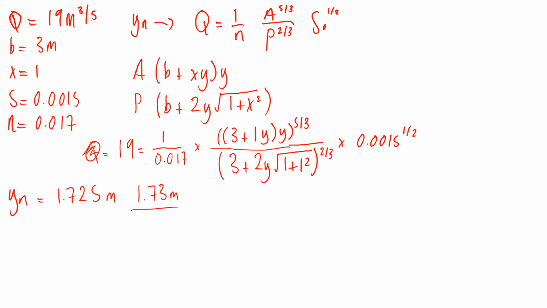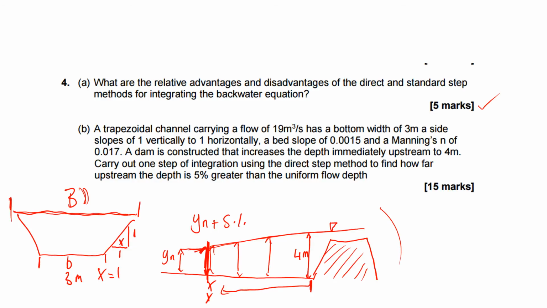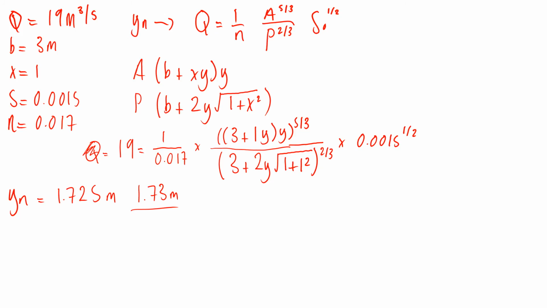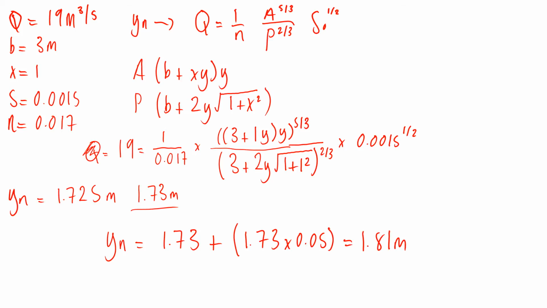Now the question says to calculate where the depth is 5% greater than the uniform flow depth. So what you need to do is now take yn, which is 1.73, plus 1.73 times 0.05, and that gives you 1.81 meters.